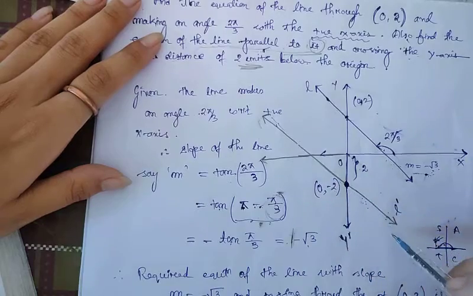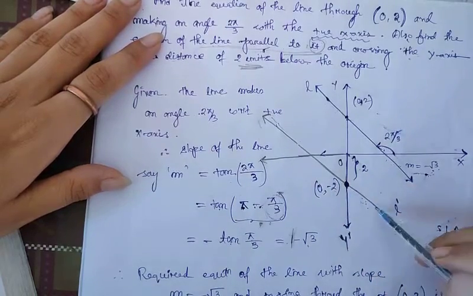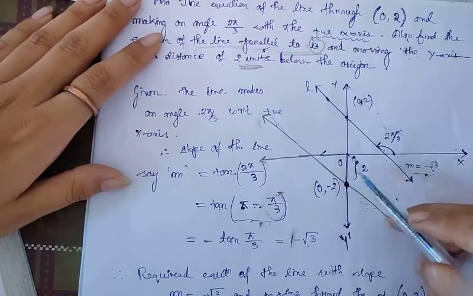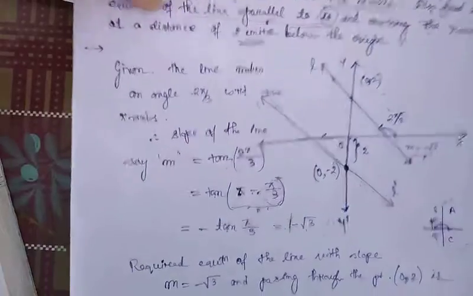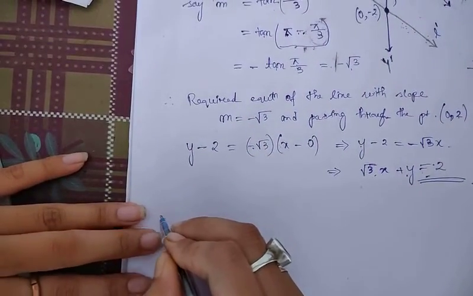So we can find the equation of the line by using the point slope form. This is your point and the slope is the same because they are parallel. We need to write this properly.